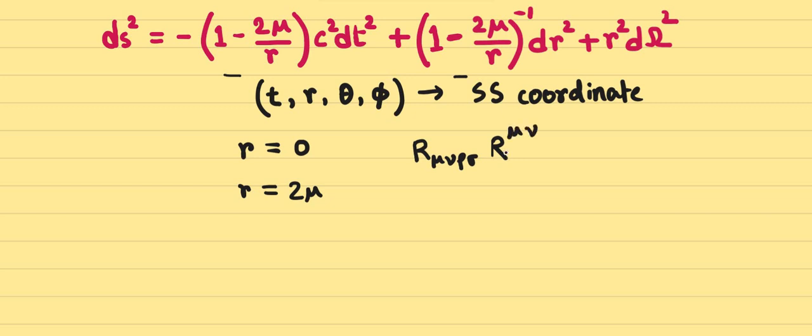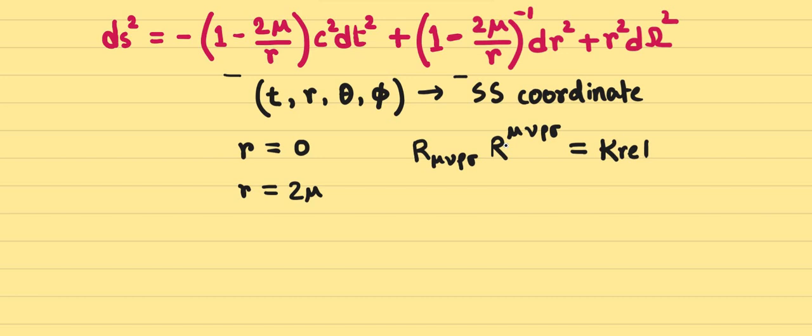So this is defined by multiplying the components of the curvature tensors, but one needs to be such that all the indices are lower indices, and the other needs to be such that all the indices are upper indices, and then we contract all the indices of one with all the indices of the other.